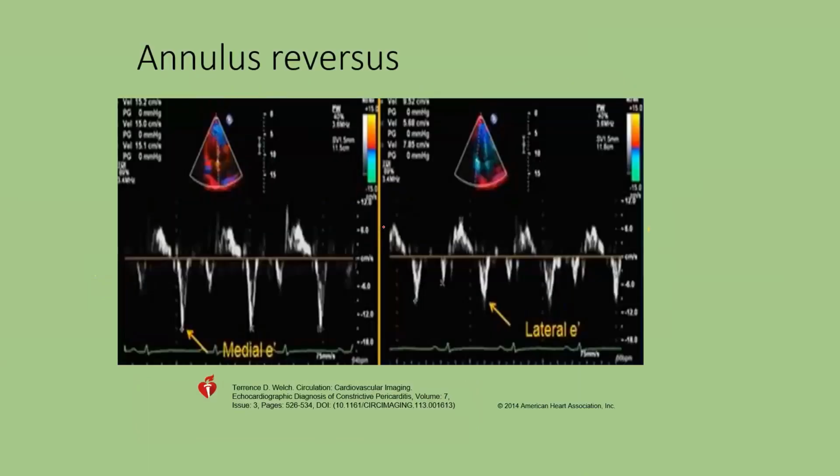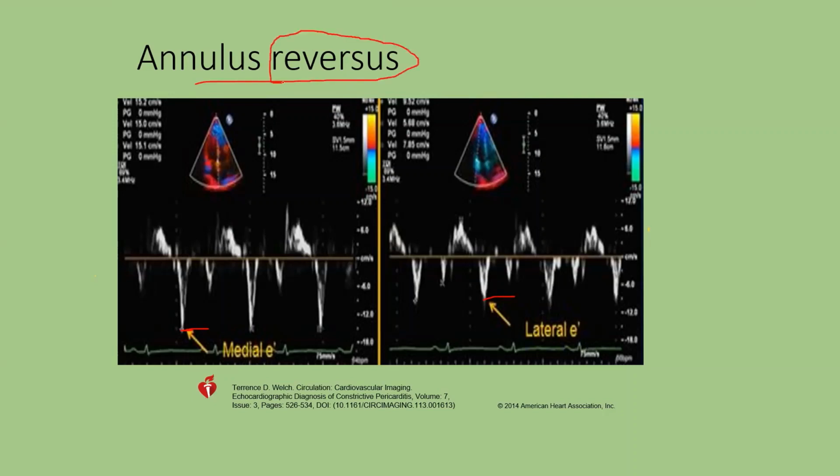Now, the annulus reversus. When we look at the medial E prime, which physiologically is expected to be slower than the lateral E prime, now we are seeing exactly the opposite. We are seeing the medial E prime is here and the lateral E prime is here. So this is called annulus reversus.